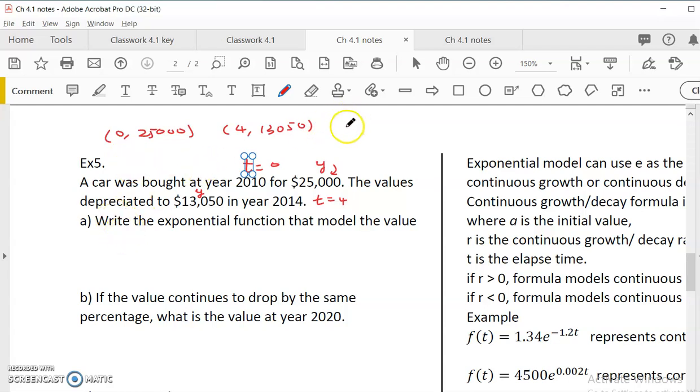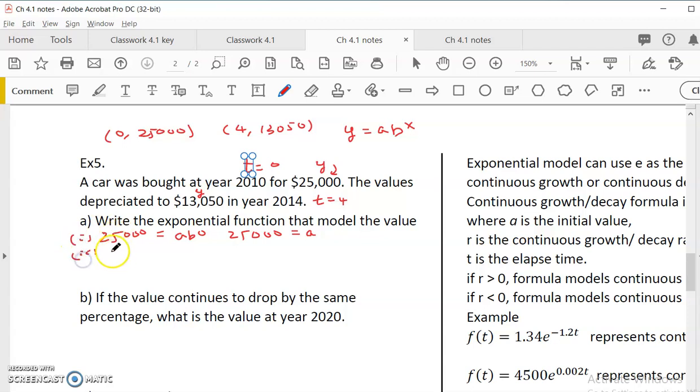So write the equation. We will need to find y equal to ab^x, right? So y equal to ab^x, first would be 25,000 equal to ab^0. That means 25,000 is A, and that's the first equation.